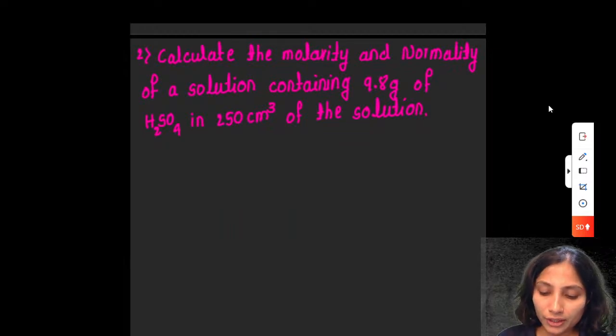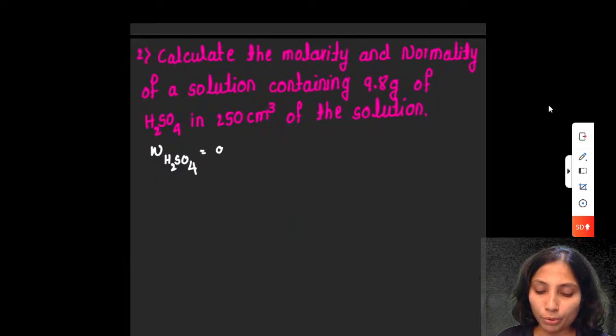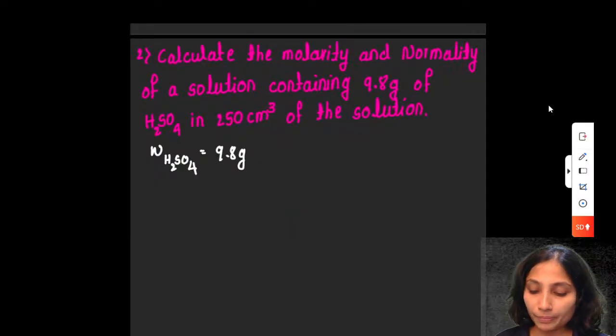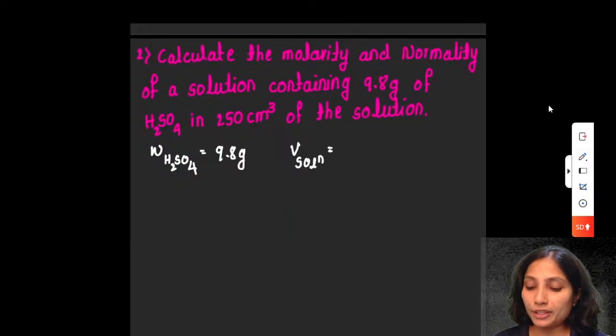Mass of H2SO4 is 9.8 gram, and volume of solution is given: 250 cm cube.